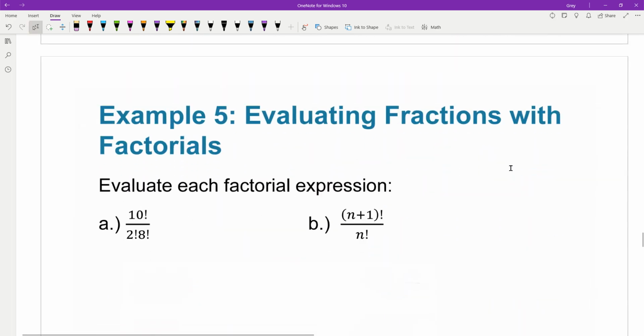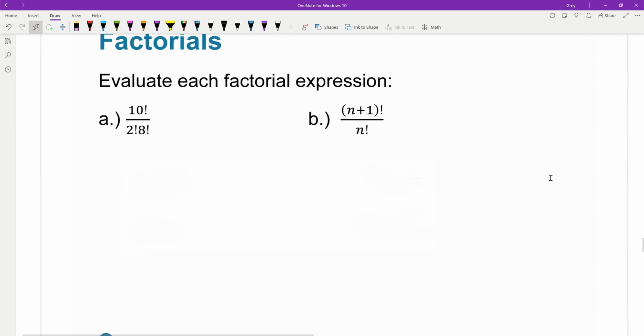All right, example 5. Sometimes, y'all, your calculator can't handle it. I'm not saying these aren't necessarily examples of it, but sometimes when you're working problems, you'll get an overflow error. So it's important for you to know how to operate with these factorials. So an easy way to simplify them, even without a calculator, is to know that that top is 10 times 9, and then I'm going to stop when I get to 8 because I have 8 factorial on the bottom.